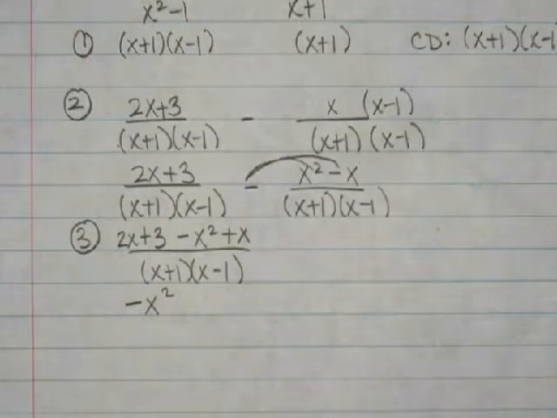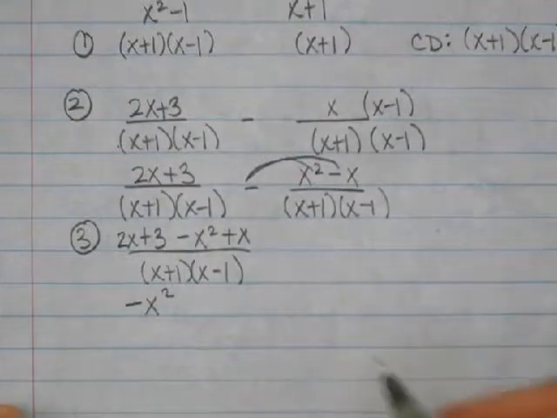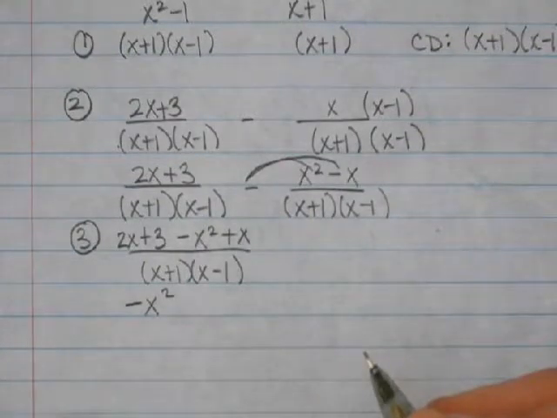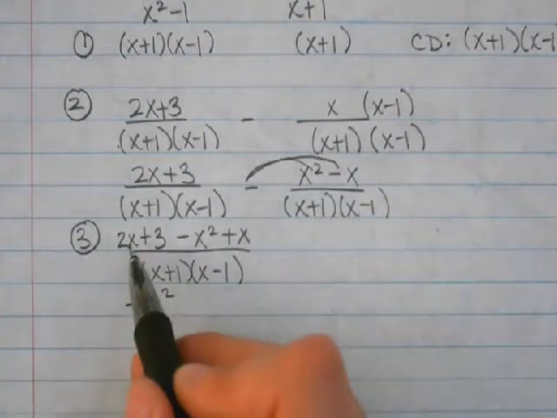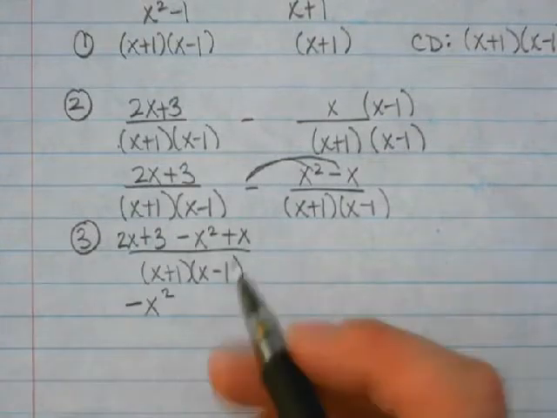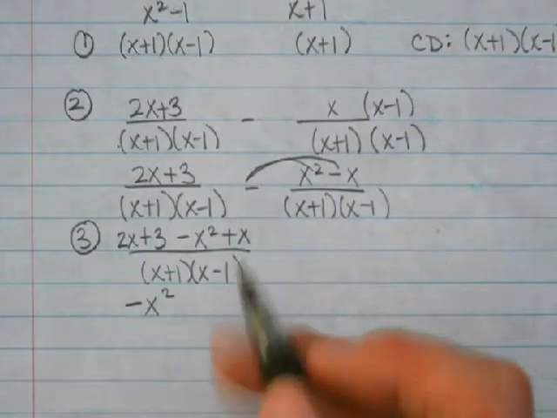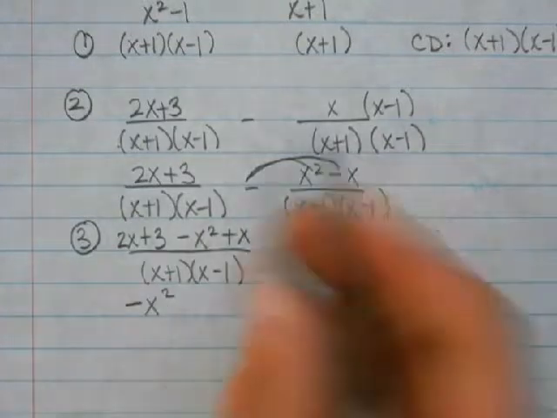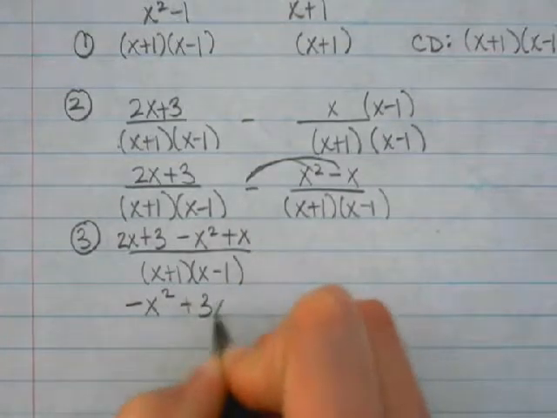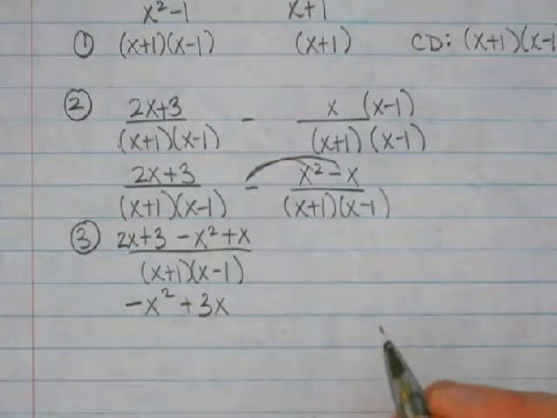If you multiplied x squared times x, that's how you get x to the third, but not by adding. You don't add your exponents together. So 2x and 1x makes 3x. And then what else do we have? Plus 3.